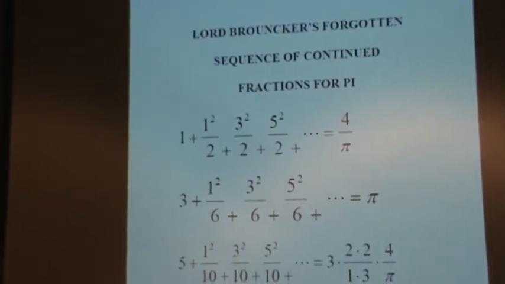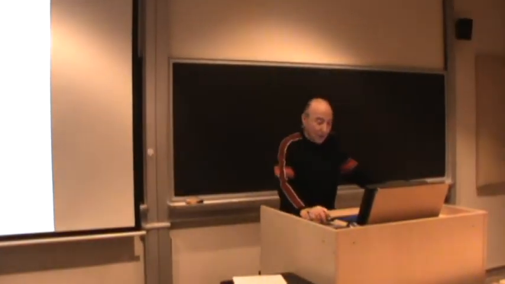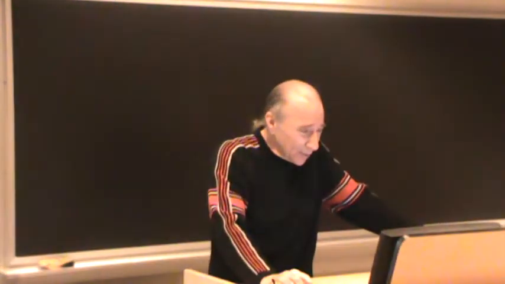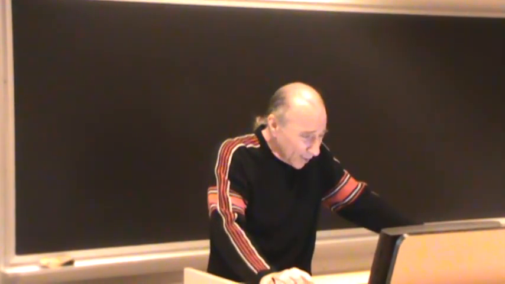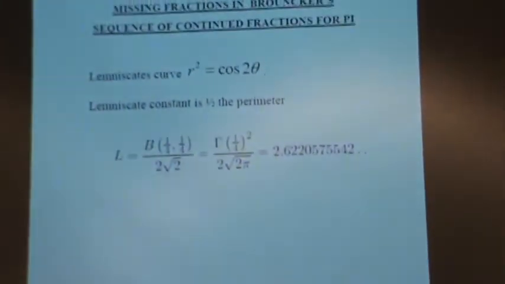What about them? Well, it turns out you can get them also from that formula that had the 4 gamma functions equals the continued fraction. And so I studied those recently, and I'll show you what that leads to. That leads to the Lemniscate constant.